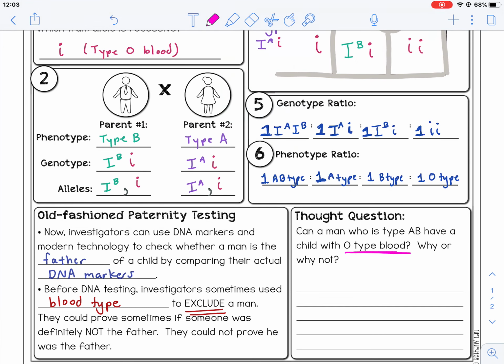You're going to want to ask yourself what is required in order for a child to have type O. So what would that genotype be? And could the man with type AB blood create that genotype? Like I said, you may want a Punnett square there. You have to explain your answer. So a Punnett square would be a way to explain your answer. It's not the only way though, but you have to explain your answer.